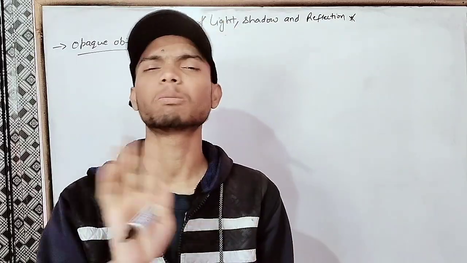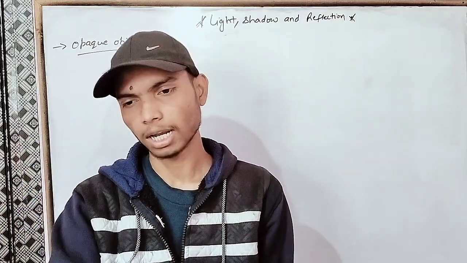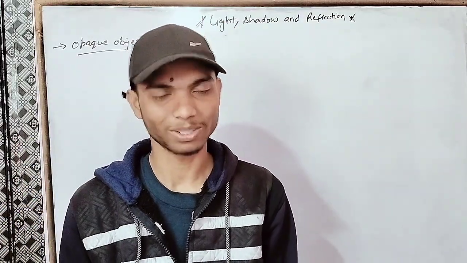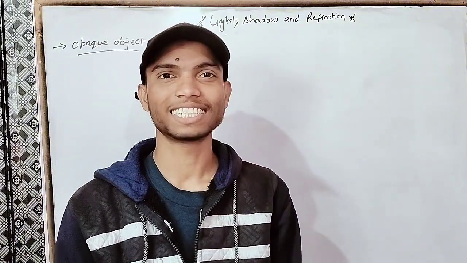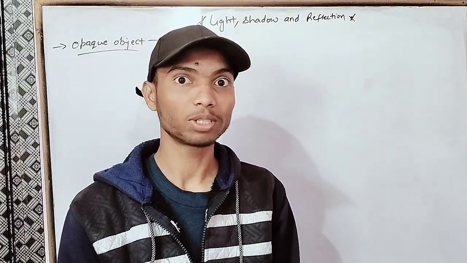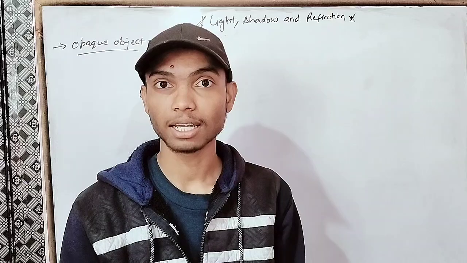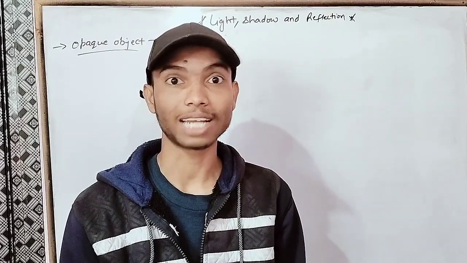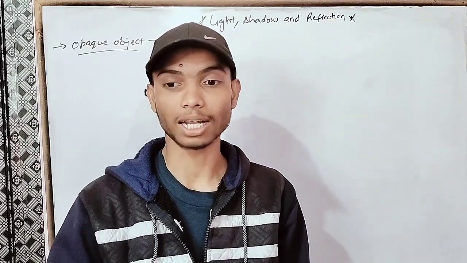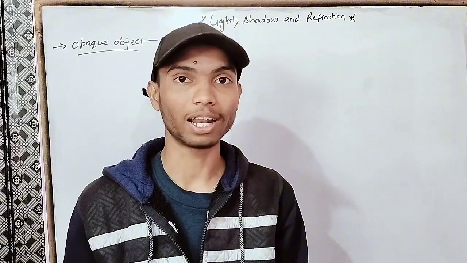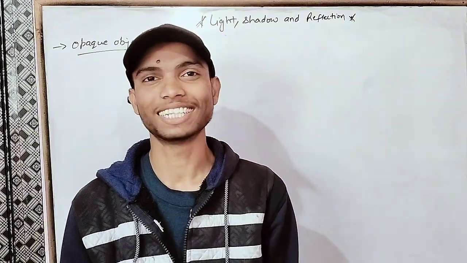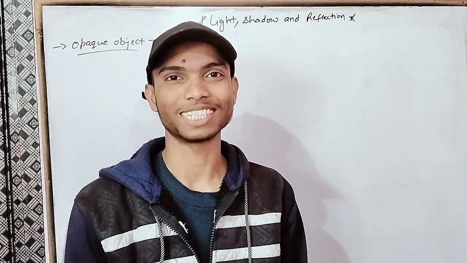Transparent says I will not block any light. Light will come, and I will allow it to go through me. But the opaque object says I need to create a shadow. You will come, then I will create a shadow if light falls on me.